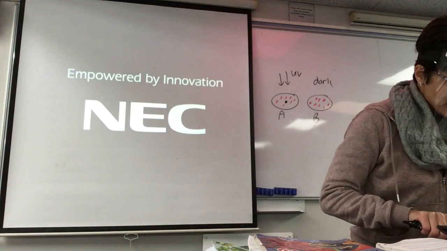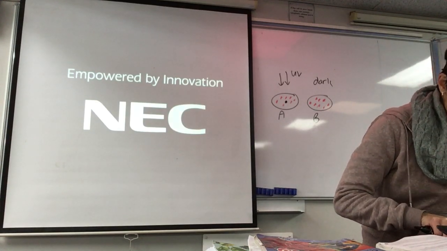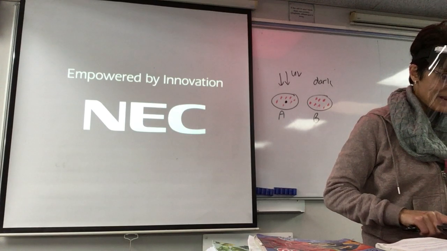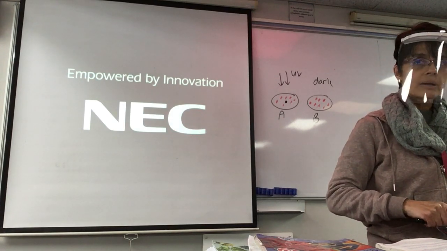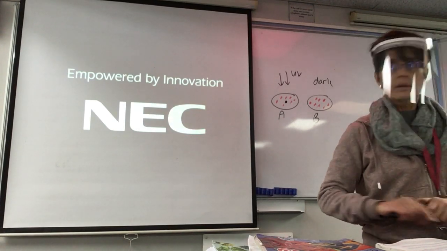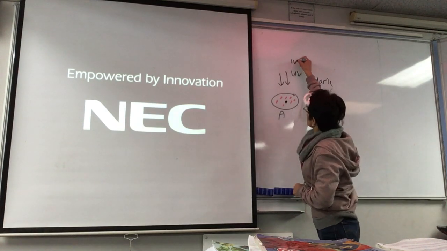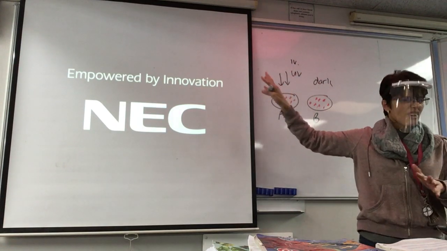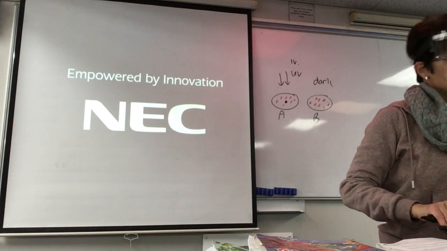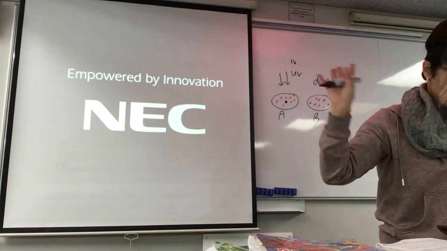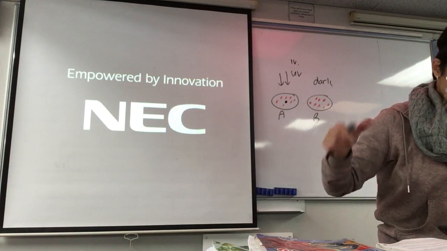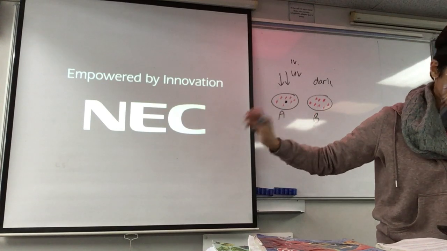Okay. Now, which variables were investigated? What's the independent variable? UV light or not? UV light or normal? Bacteria like to grow in the dark, okay? No, they can grow anywhere. So UV light or not, the bacteria exposed to UV light or not.